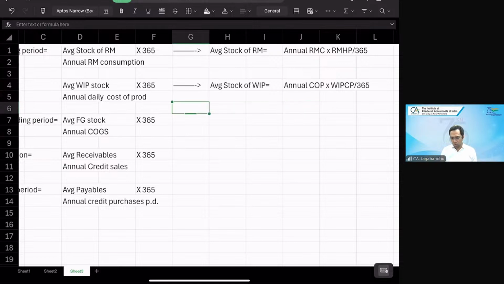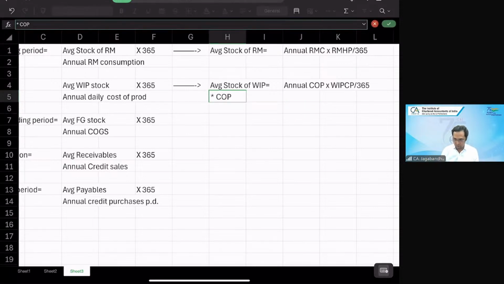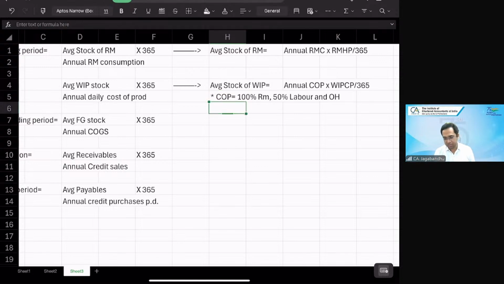But one thing to note over here is, your cost of production will be 100% raw material, 50% labor and overheads. So our cost of production is going to be 100% raw material, 50% labor and overheads.